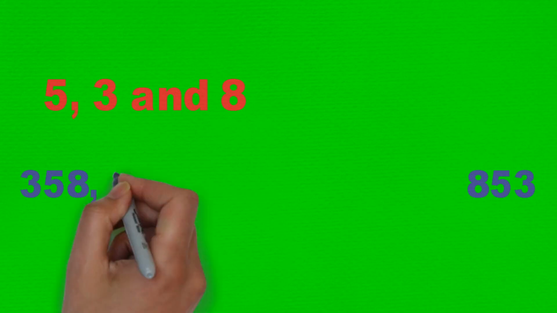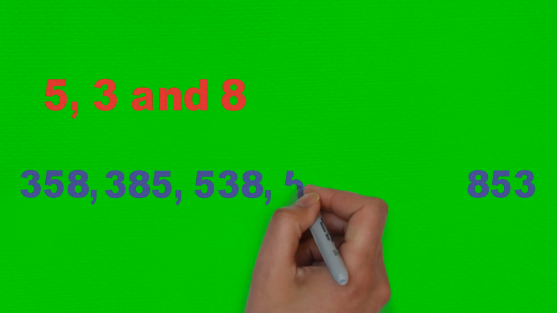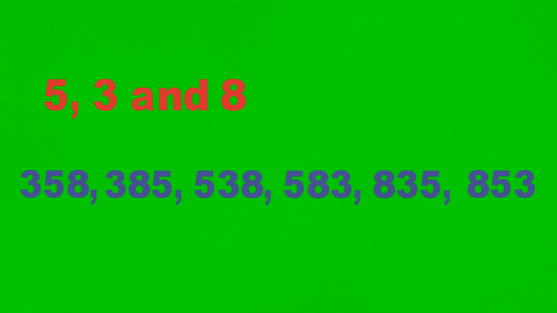If we put the biggest digits in the hundreds and tens position, that is 853, we get the biggest number. The other 4 numbers will have values in between, that is 385, 538, 583, and 835.